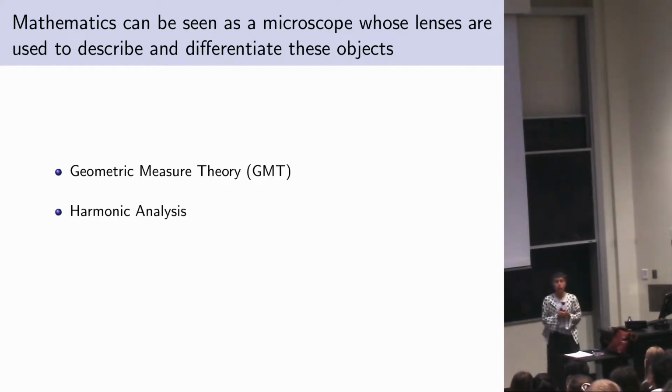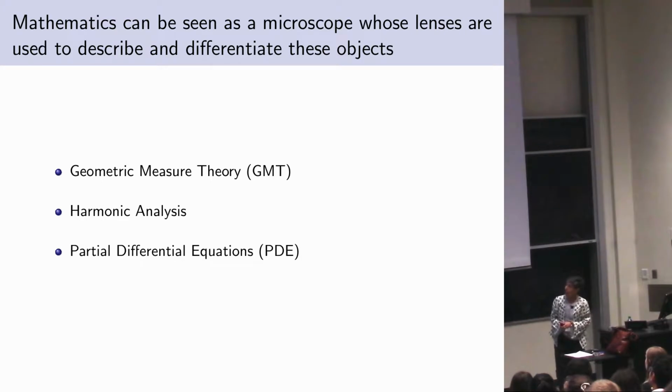Then you will have a 3-slide introduction to harmonic analysis. You can imagine each one of these introductions is going to be very biased. They're going to be introductions that I need. Somebody else giving this talk could introduce this subject and talk about things that have nothing to do with what I'm going to talk about. And then I'm going to talk a little bit about partial differential equations.